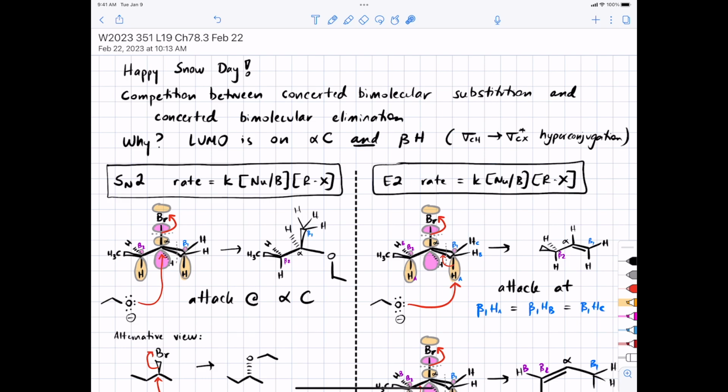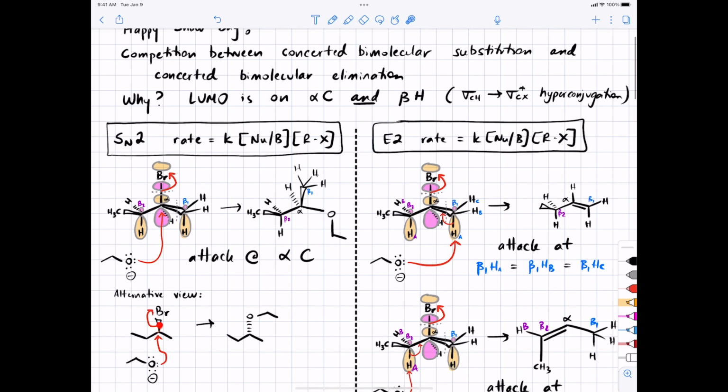Backside attack is how this happens, and we get inversion of stereochemical configuration. I've tried to show that here, where the oxygen in the nucleophile ends up opposite to where the bromide was. Here's an alternative view. The C-Br bond was coming up, and then the nucleophile comes in, and the new carbon-oxygen bond is pointing down into the page.